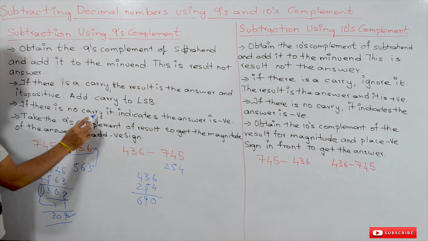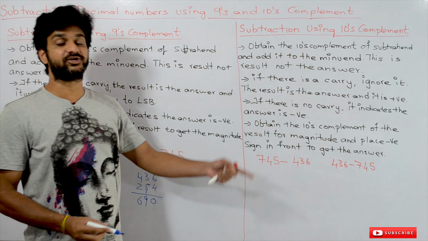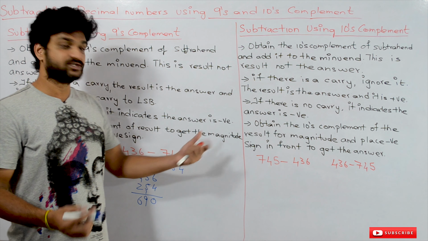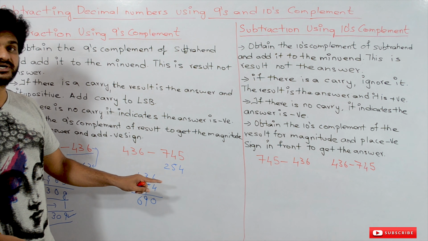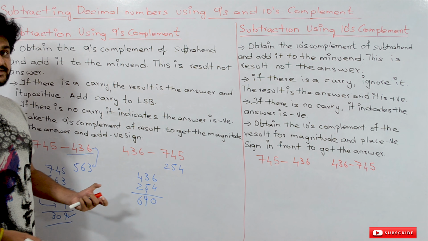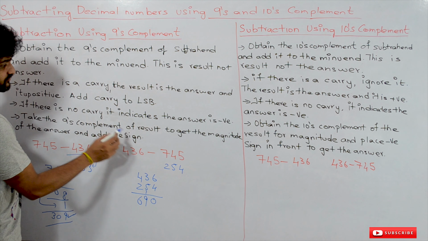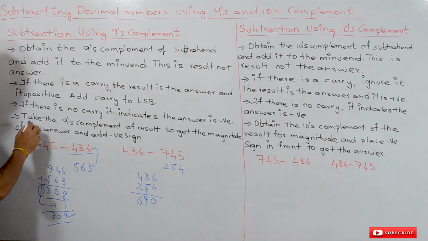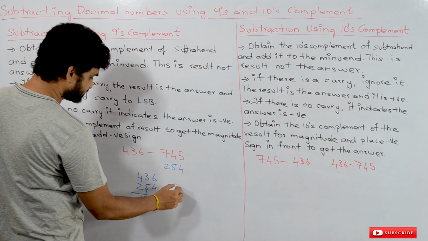If there is no carry, it indicates that the final answer is going to be a negative number. Yes, it is going to be a negative number because a bigger number is subtracted from a smaller number. So we have to take the 9's complement of the result. What is the 9's complement of this result?